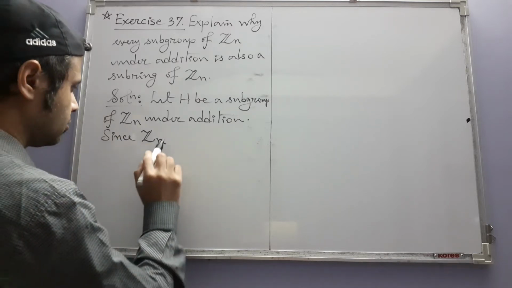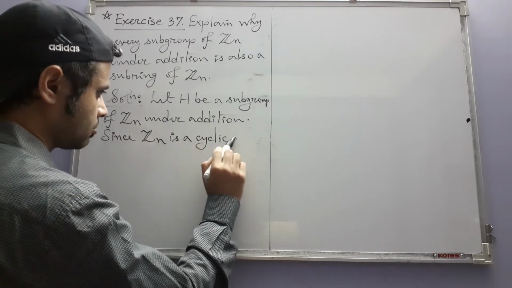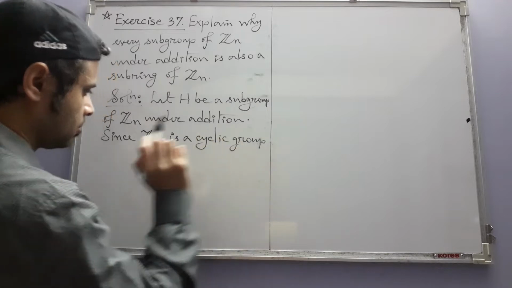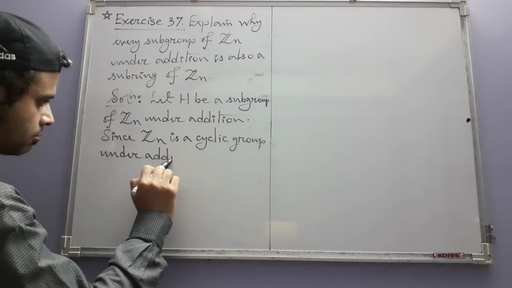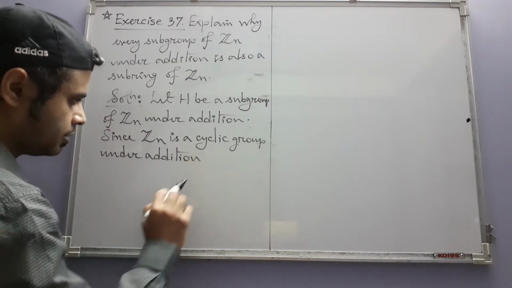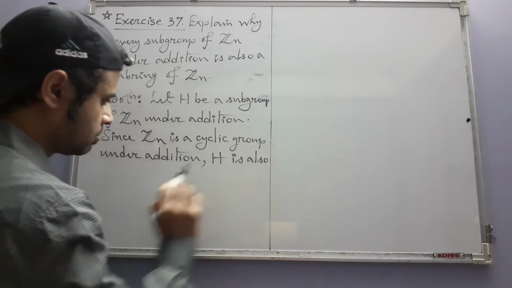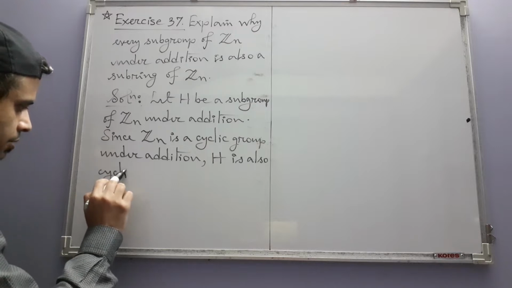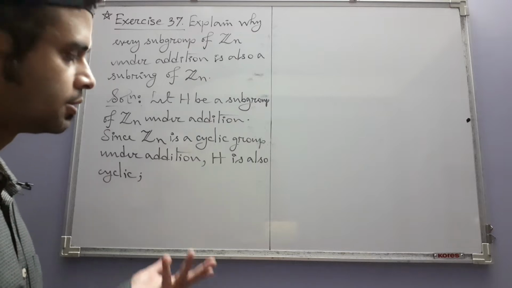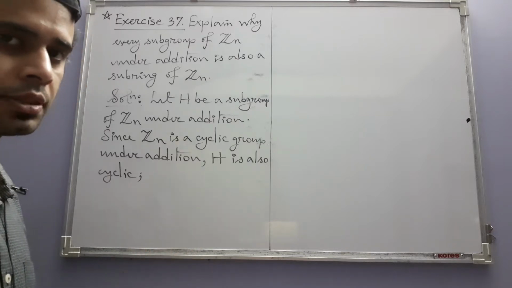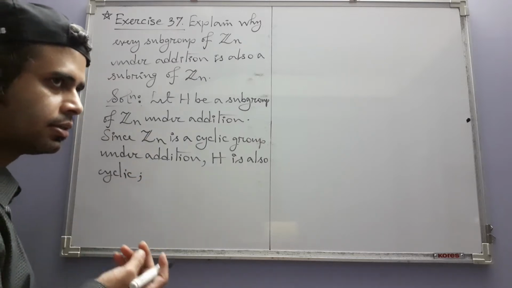Since Zn is a cyclic group under addition, H is also cyclic, because we know from the results on cyclic groups that any subgroup of a cyclic group is cyclic. So H is also a cyclic group. That means it has a single generator.